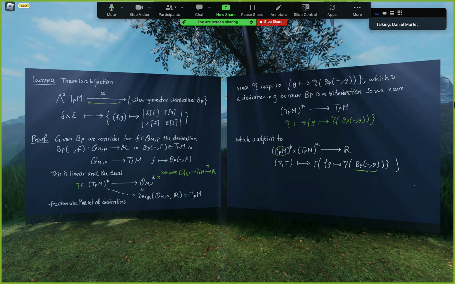Eta eats tangent vectors, right? Tangent vectors are derivations. So this BP blank G is a derivation of functions. That is, it's a tangent vector. Okay. So this is anti-symmetric.